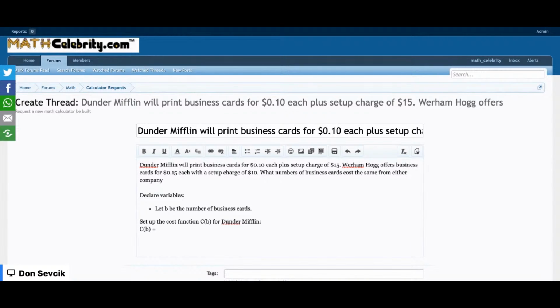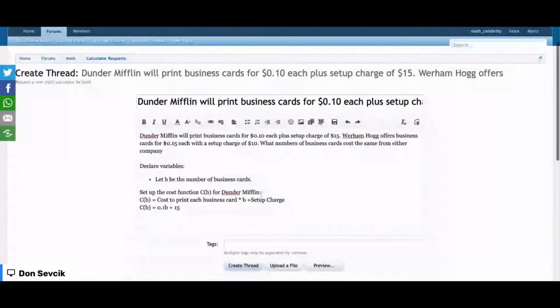C of B equals 10 cents times B business cards plus setup charge. So before I do that, cost to print each business card. I don't want to jump ahead. Okay. We're given the cost to print each business card 0.10, however you want to write it, B, plus a setup charge of 15. Okay, so we've got Dunder Mifflin and their cost.